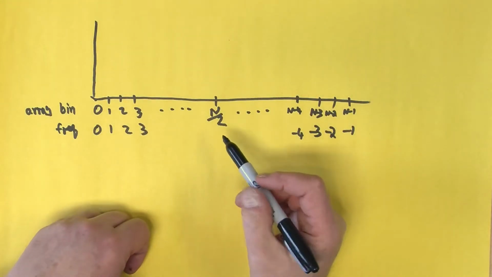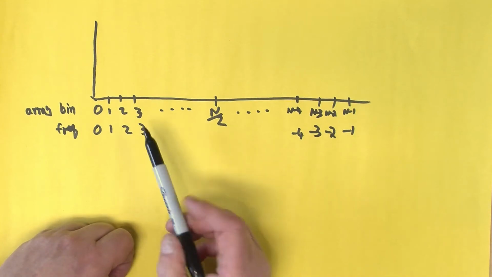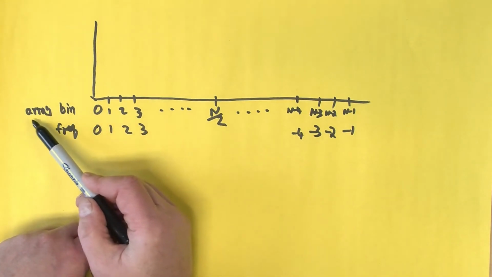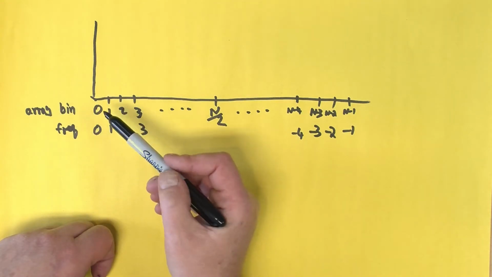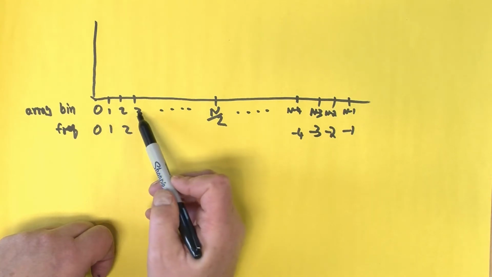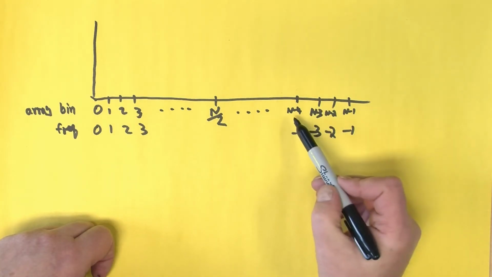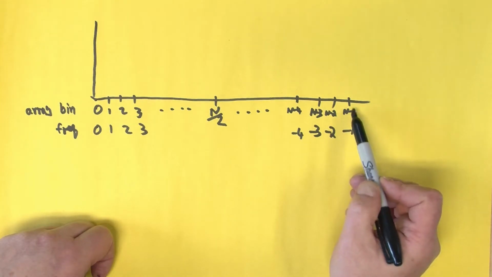Okay, so I've redrawn our graph a little bit, and I sort of made the distinction that we have the array bin position corresponding to the index of the array, 0, 1, 2, 3, n over 2, and then n minus 4, minus 3, minus 2, and n minus 1 to the final position in the array.